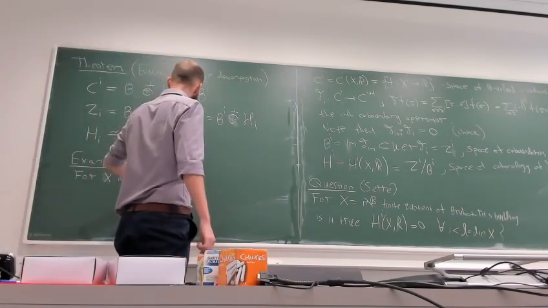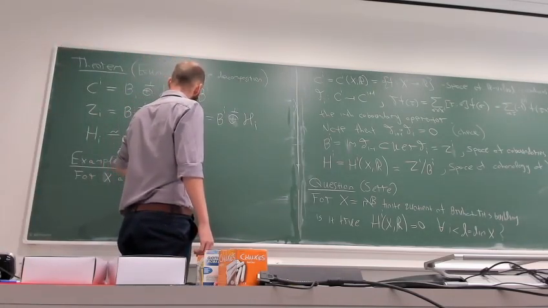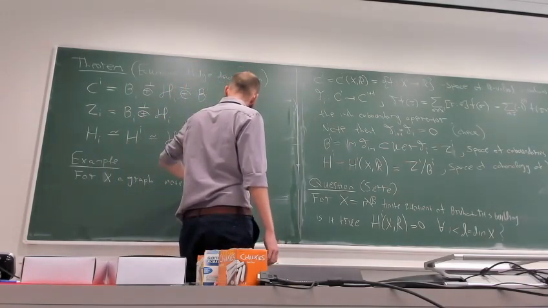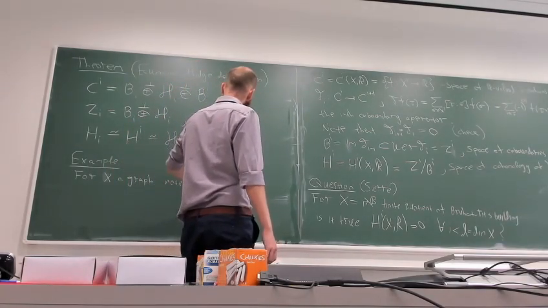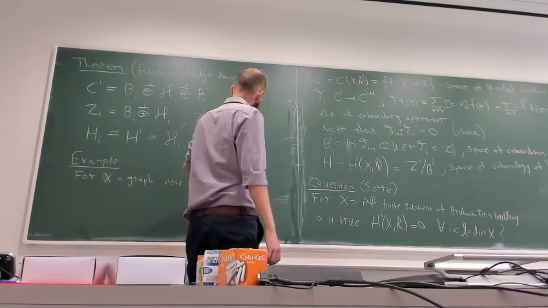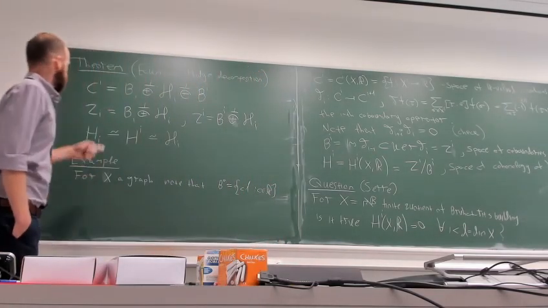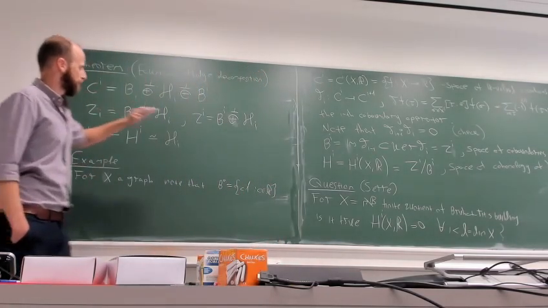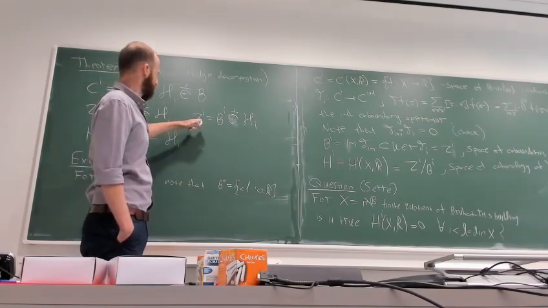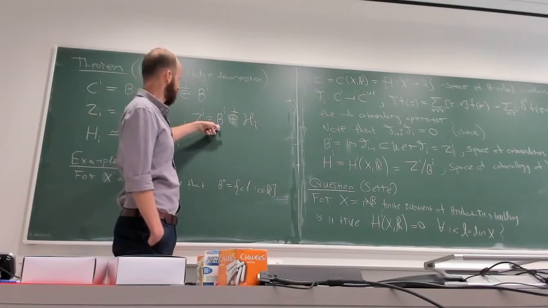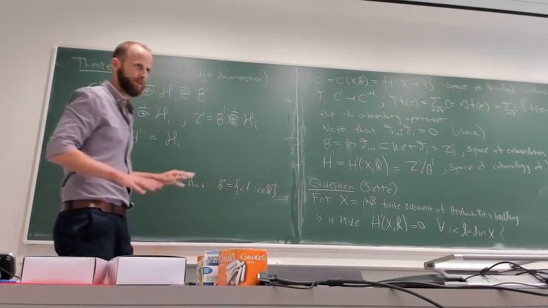I just want to note that if I look at the space of zero cocycles, so in it I see the space of the zero coboundaries, which is just constant functions, nothing more.